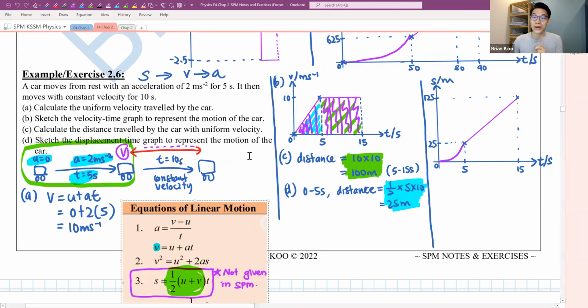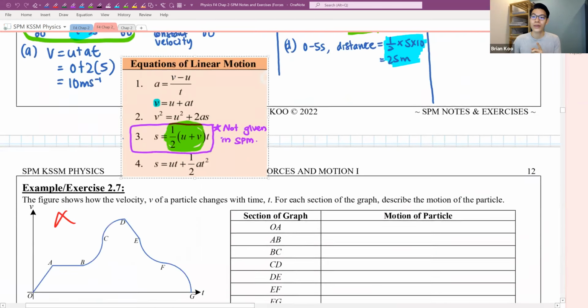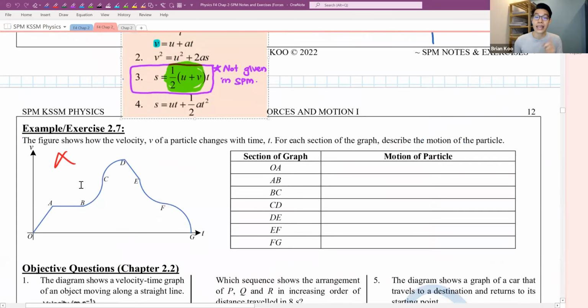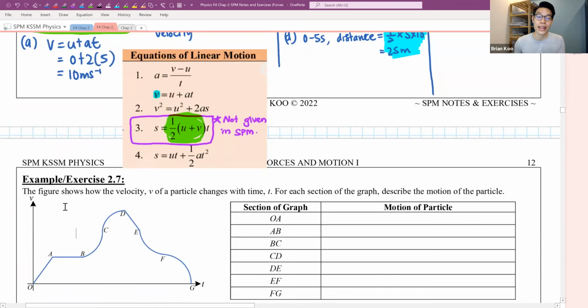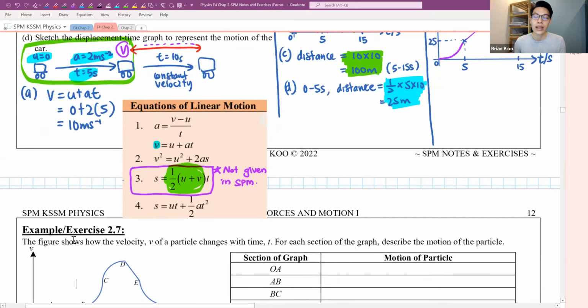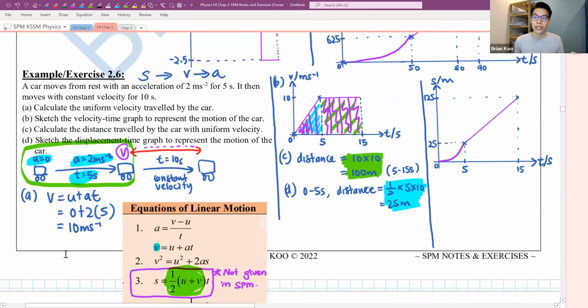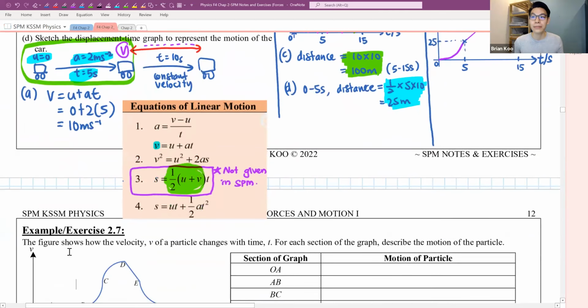So you have asked me a very good question, because now I can give you a velocity graph with a curve and ask you whether or not you're able to state for me the type of motion, right? So they won't ask you to draw, but they can give it to you and ask you to state the type of motion. That's why I purposely put down this one more last example.